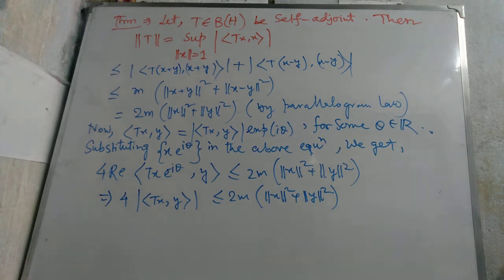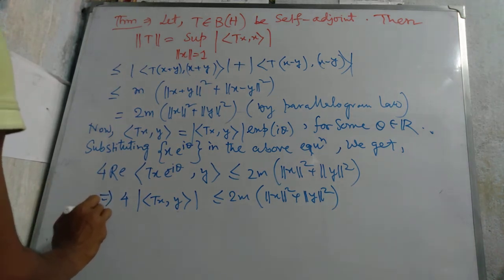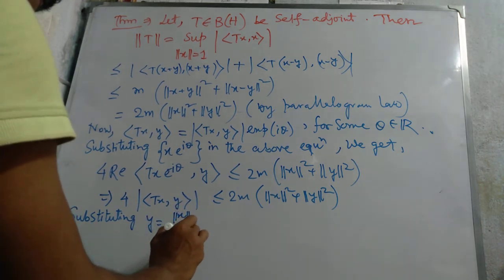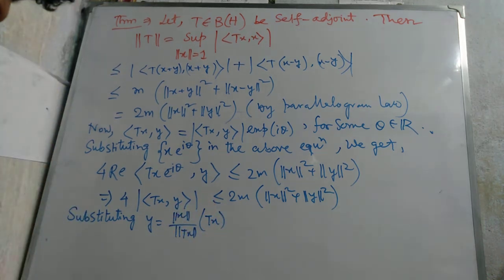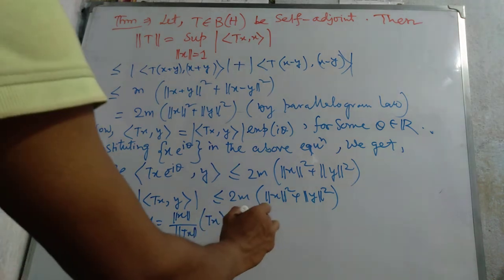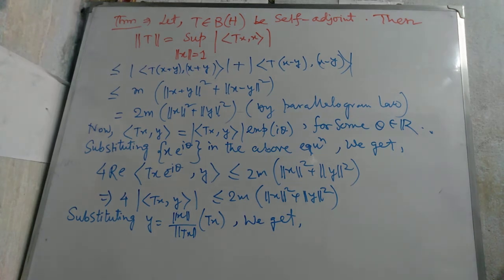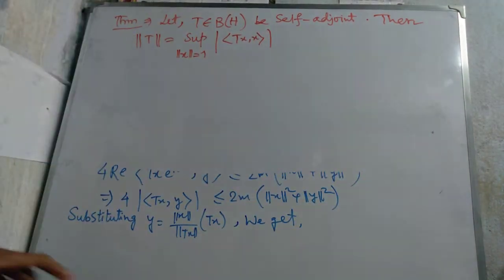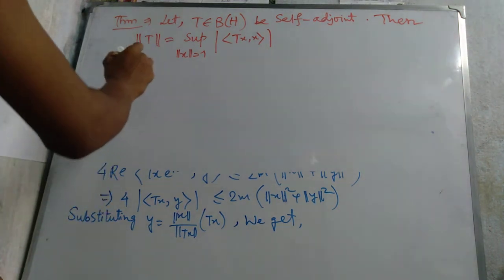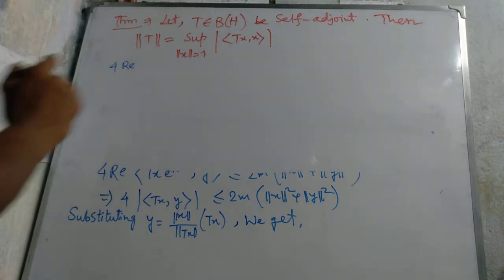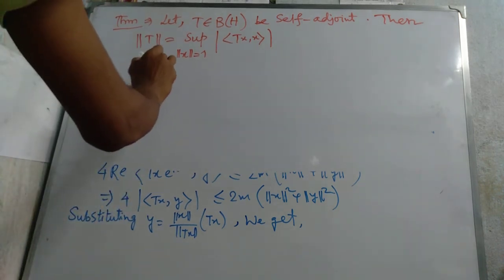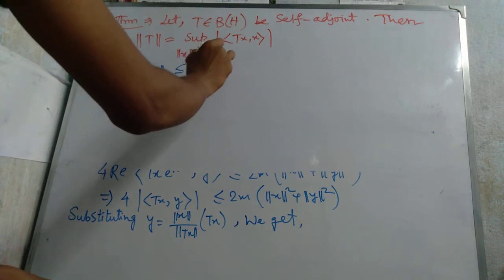Then what happened? Then substituting y by norm of x over norm of Tx times Tx in place of y in the above equation, we get norm of Tx less than or equal to m norm of x.